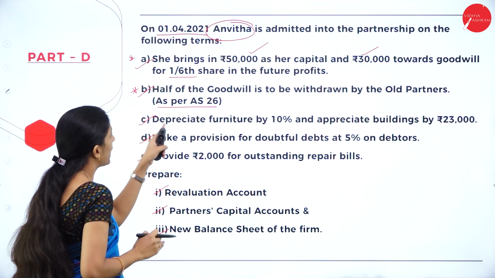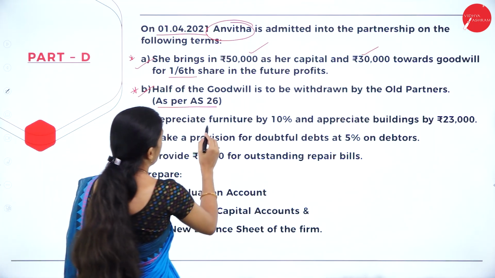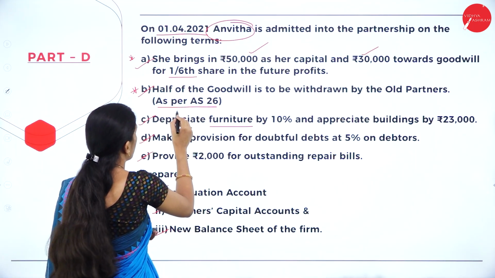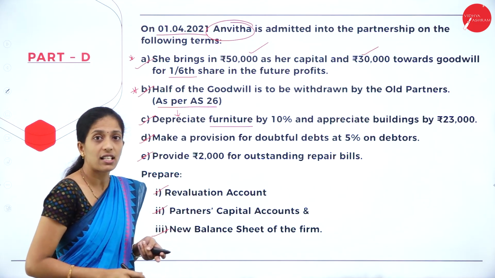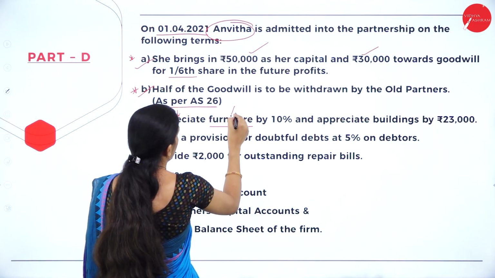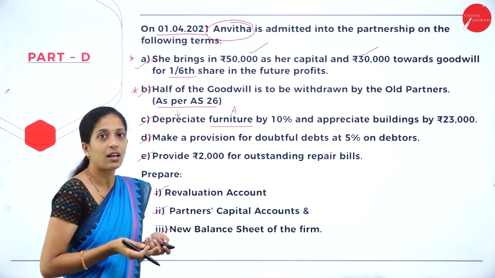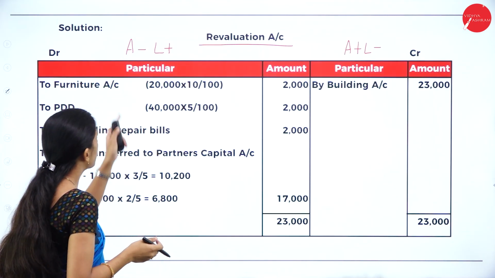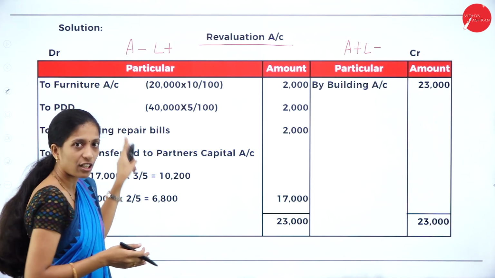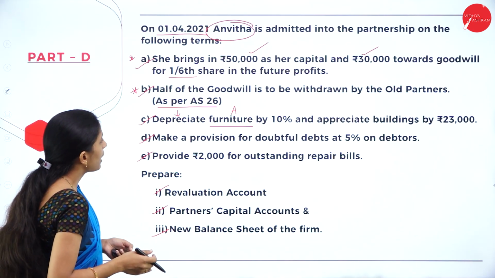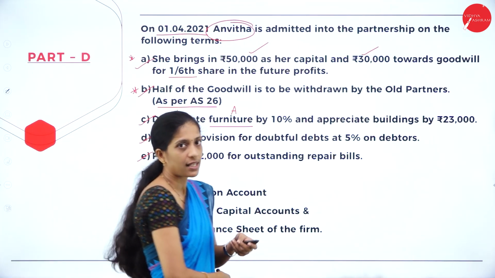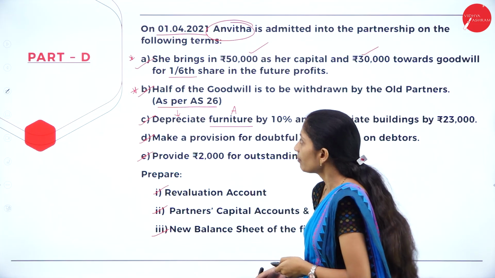Now, go through the next one. Depreciate furniture by 10%. Depreciation means what? Decrease. Furniture is what? An asset. So, decrease in asset. Where do we record it? In your revaluation account. Decrease in asset, A minus, on your debit side. Correct? Then what have they told? By 10%. So, how do you write it?